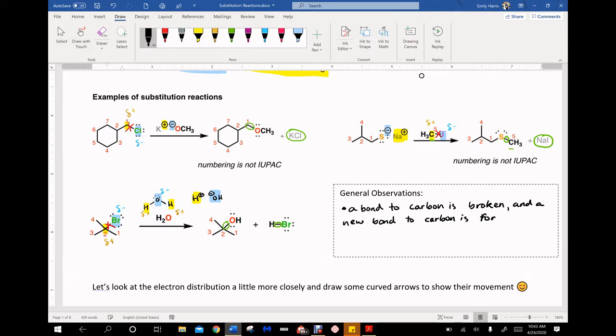And then what swaps places are two more negatively charged things, two electron-rich regions.